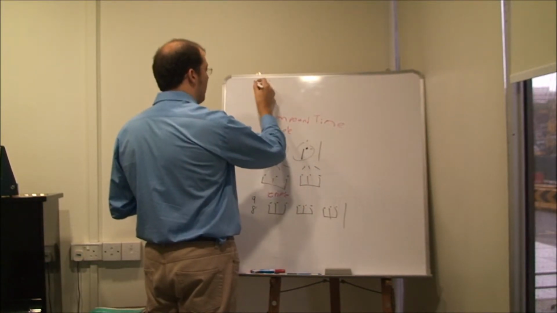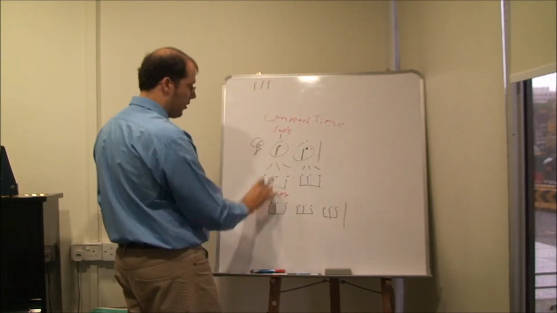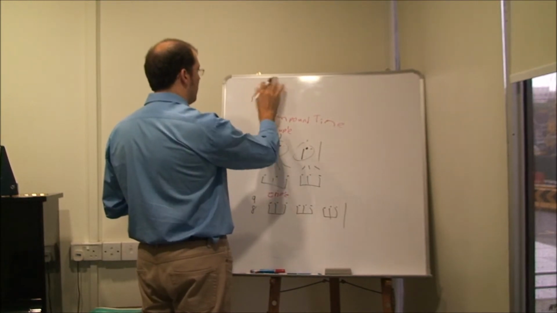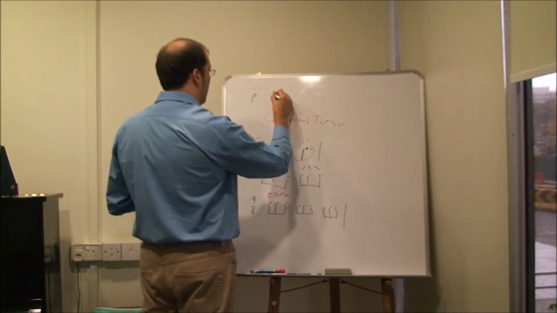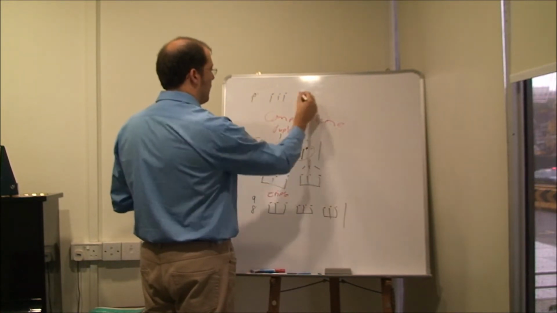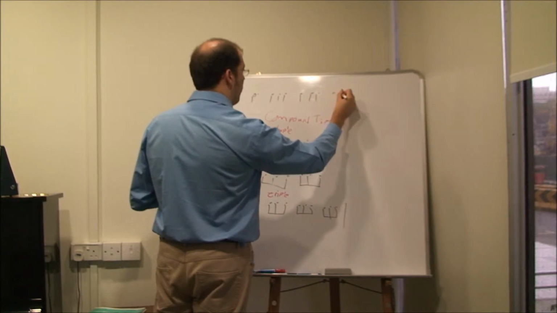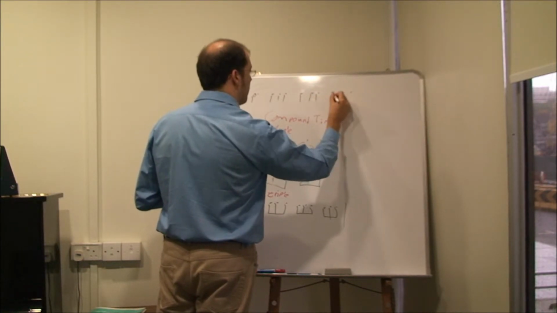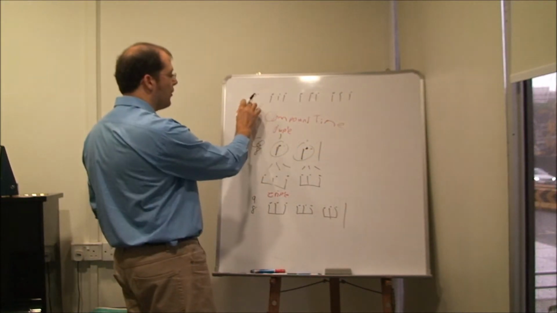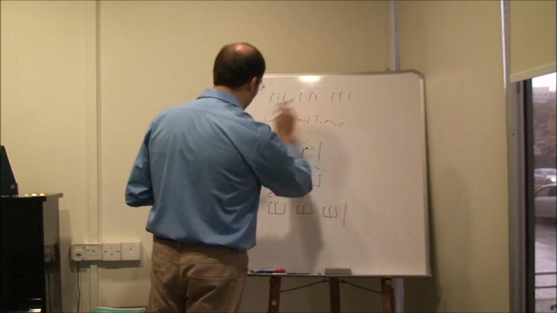Now, let's make life a little bit more interesting, and let's say our beats are now not dotted crotchets, but dotted minims. So there's 1 beat, there's our 2nd beat, 3rd beat, 4th beat. And so now we have 1, 2, 3, 4, 5, 6, 7, 8, 9, 10, 11, 12.